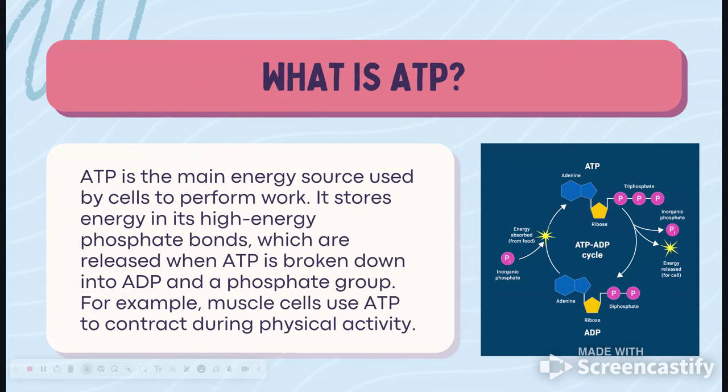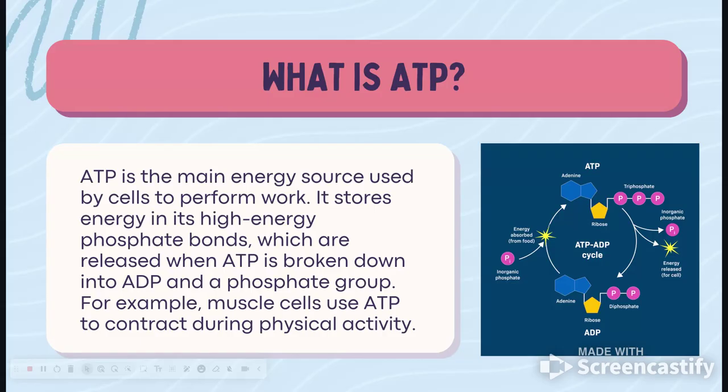Then we have ATP. ATP is the big energy that I was talking about. It stands for adenosine triphosphate. Excuse me if I'm pronouncing it wrong again. It's basically what provides energy for the cell.